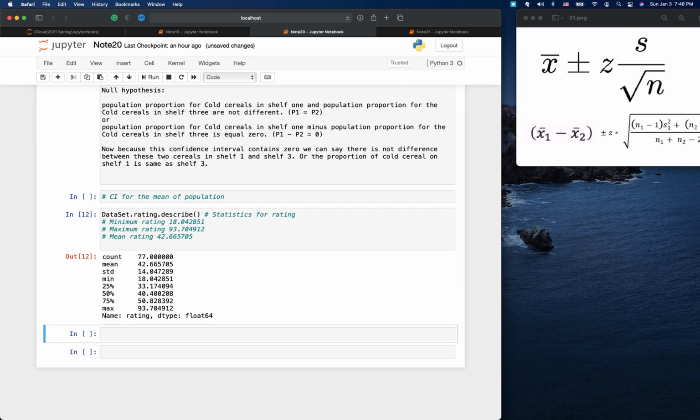First of all, I want to say, okay, there's a variable mean of ratings, and that's dataset dot rating dot mean.